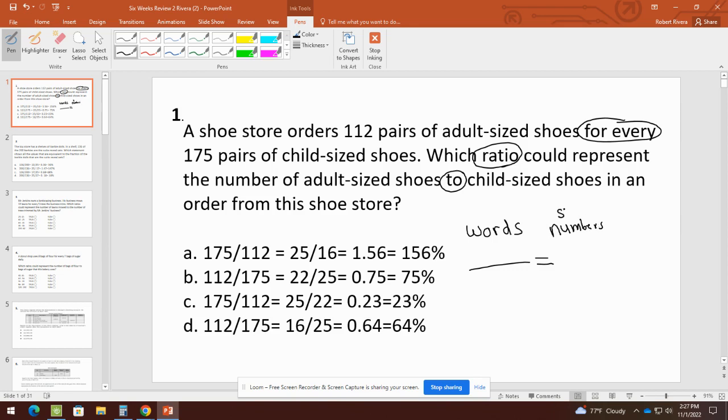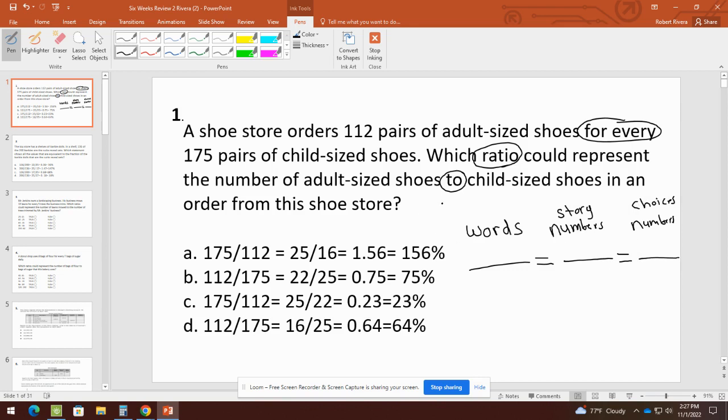This is based on the story. So I'm going to create another ratio, but with numbers now. Finally, I'm going to take care of the numbers using the choices. I'm going to create a ratio using the choices.